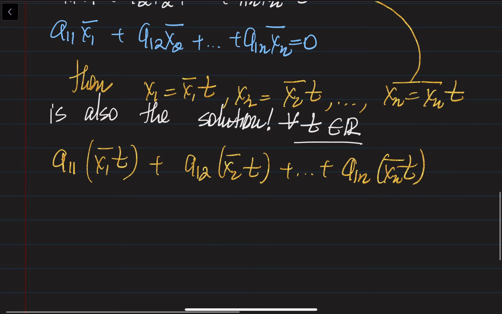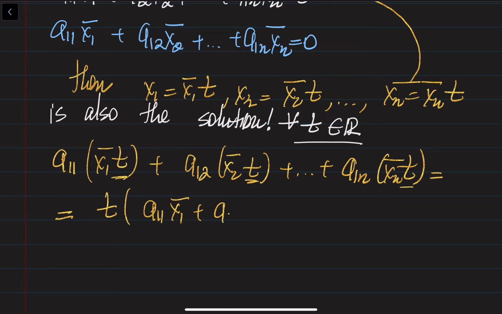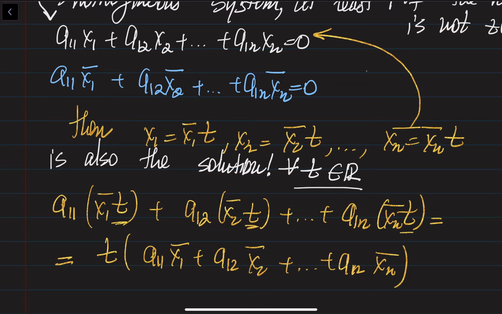So let me take out all the t's. You see, all of the terms of this equation have the t, so I'm going to take it out of the brackets. It's going to be t times a11 x1 bar plus a12 x2 bar plus and so on plus a1n xn bar. So if you look at this equation, let's call this equation star.